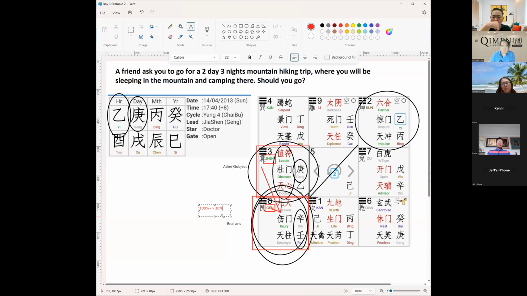So a few things we need to remember. There are 5 different elements. Second, there are 2 different relationships. One is clashing, one is producing. Then once we see the box to box, we see the subject and we see the answer. 2 boxes come together, we see what is the element of each of them.